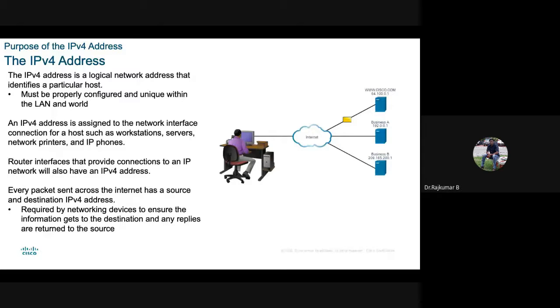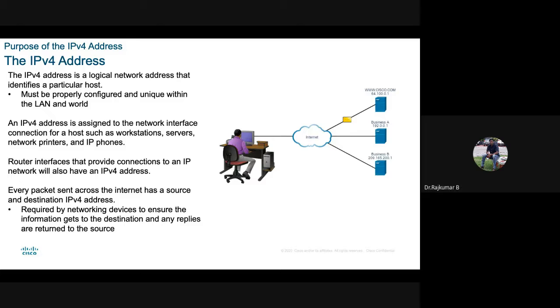So see what we learn in this chapter: the purpose of an IP version 4 address, which explains the purpose of an IPv4 address, and then the binary conversion of your IPv4 address, that is, calculating the numbers between decimal and binary systems. Then the IP version 4 address structure, which explains how IP version 4 addresses and subnets are used together.